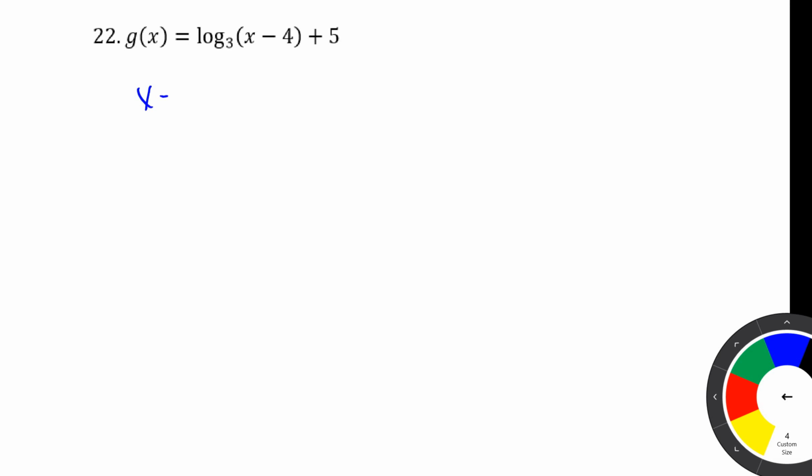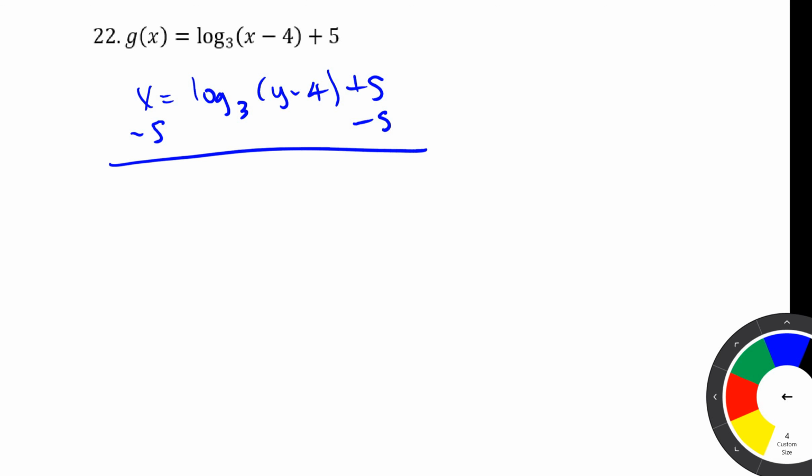So now if we have x equals log base 3 of y minus 4, plus 5, before I can change this to an exponent, I now have to move the 5. So I have x minus 5 equals log base 3 of y minus 4. So now if I rewrite this as an exponent, I know the base is going to be 3.